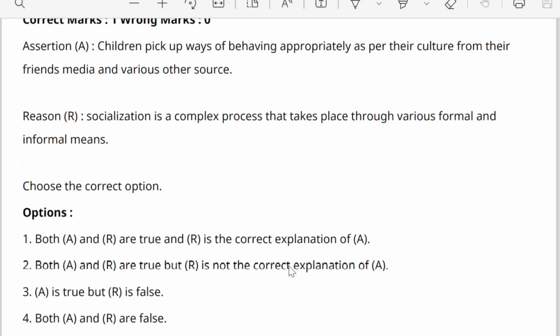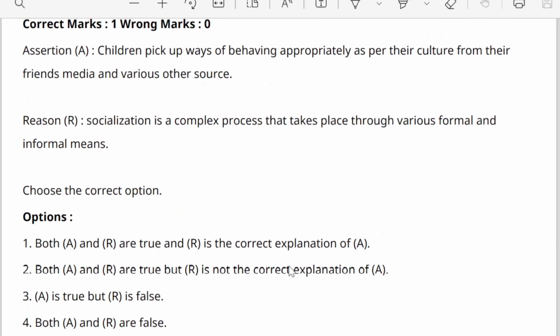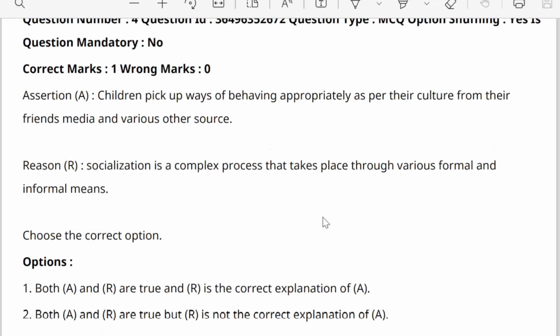So we have to now choose between options 1 and 2. So is R the correct explanation for A or is R not the correct explanation for A? Since it's talking about friends, media, and various other sources, and about behaving appropriately, it seems that R is the correct explanation of A. So option 1 will be the correct answer for this question.